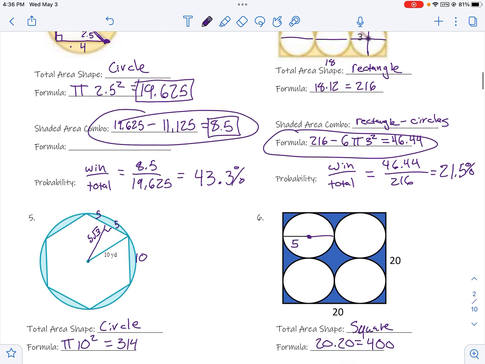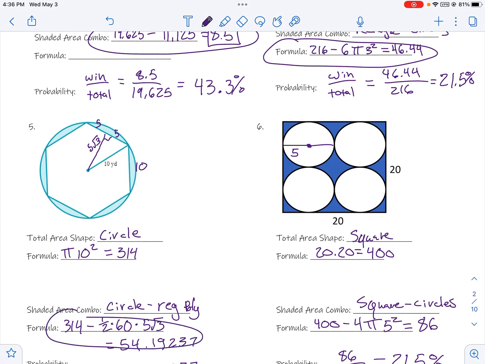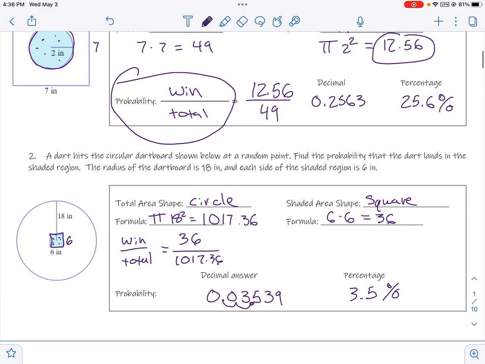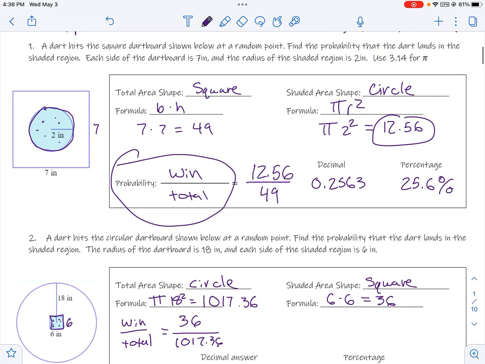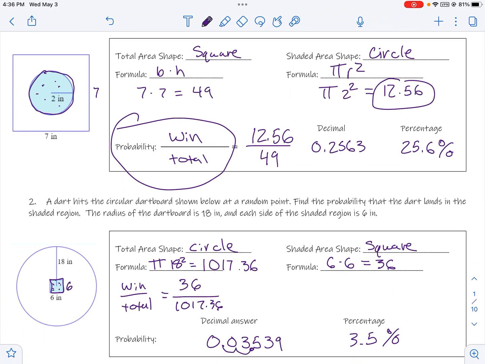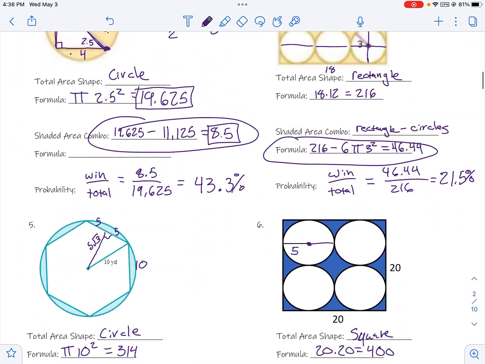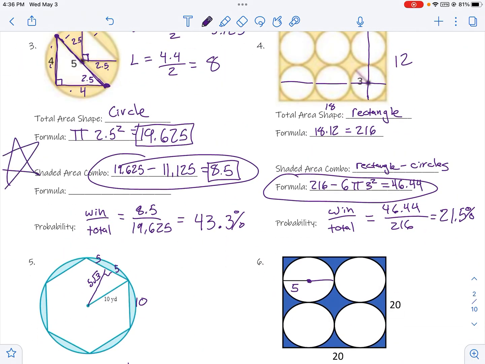Like we had to subtract to figure out our shaded region, and then we had to solve from there. These problems, it's just the shape that's in the inside. The semester test and the chapter test will maybe have one of these, but they will mostly have these. I know for sure that these are on the chapter test and on the unit test, so we do need to understand these.